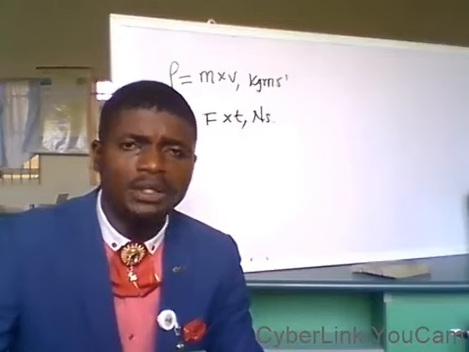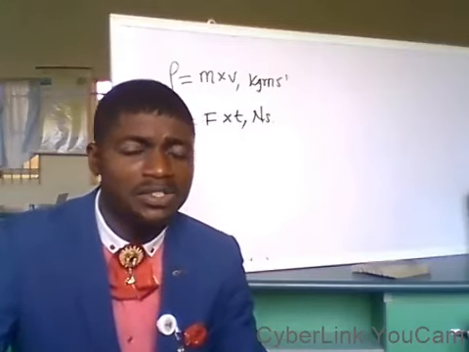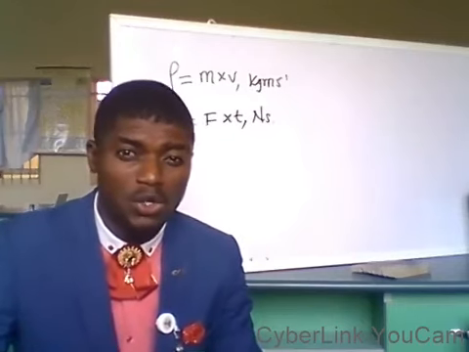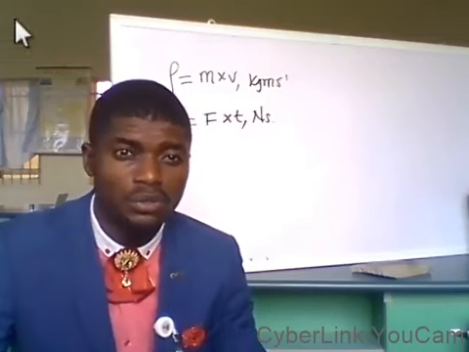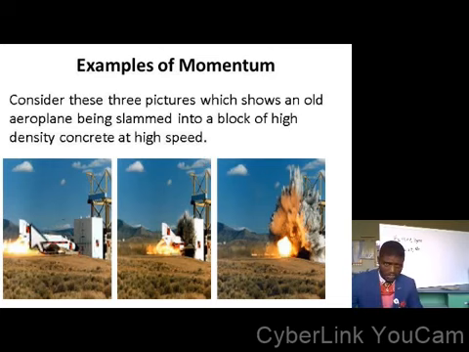Before we move further, let us take a look at this diagram that explains momentum and also impulse. Consider these three pictures which show an old airplane being slammed into a block of high density concrete at high speed. The first diagram here is talking about a collision.